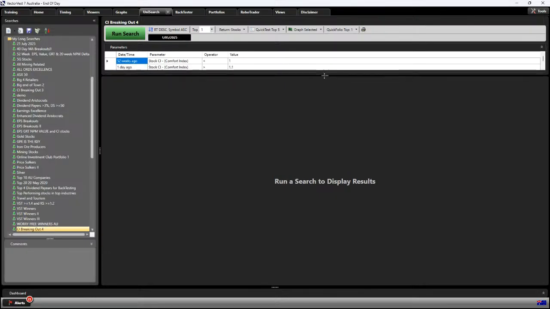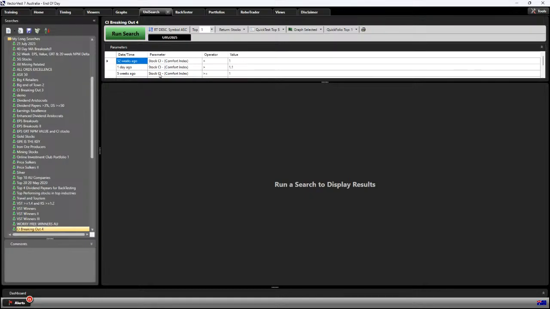Next, yesterday, as of whenever you're going to run this, so if you run it as of the current day, but the day prior, the comfort index needs to have gone above 1.1. So when I'm identifying the stocks, the comfort index is well above 1, but a year ago it was below 1. So I'm looking for that turning point.